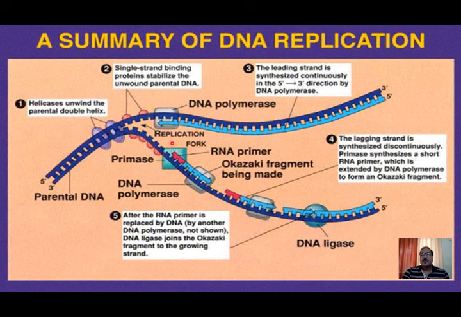Then the DNA polymerase enzyme synthesizes continuously a new strand of DNA from 5' to 3' direction. The strand on which the DNA is synthesized continuously, we call the leading strand, and the opposite strand, where the DNA is synthesized in short fragments, we call the lagging strand, and these fragments we call Okazaki fragments.